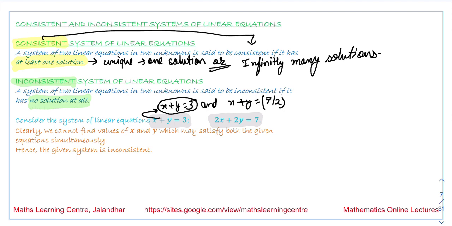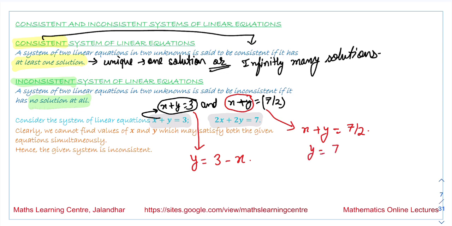From this example, we are interested in those values of x for which x plus y is 3. It means the value of y is 3 minus x. Similarly, for x plus y to be 7 by 2, the value of y is 7 by 2 minus x.